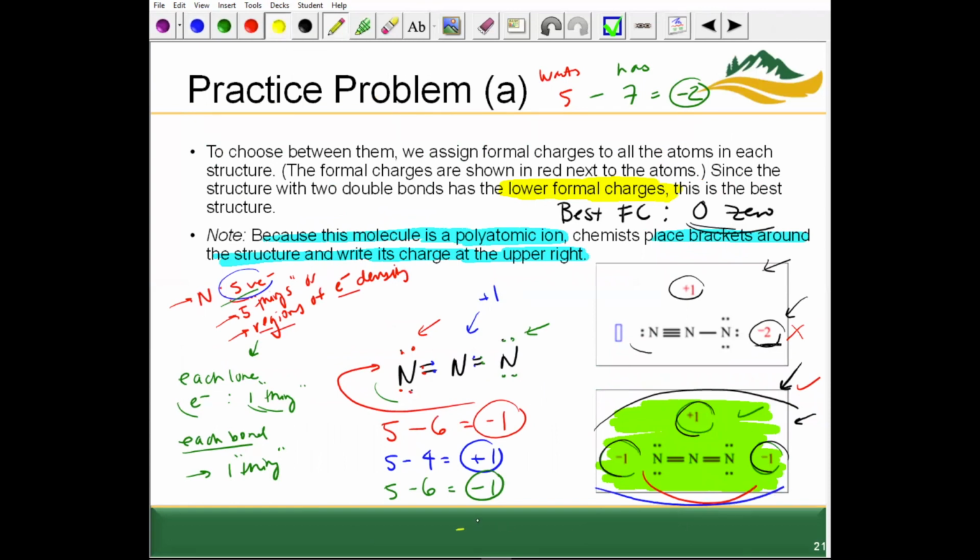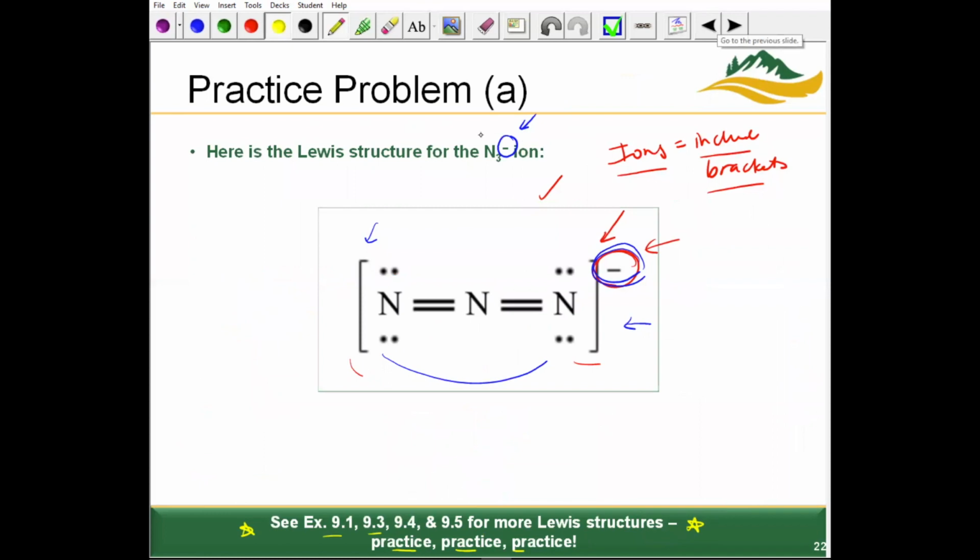That means -1 plus +1 plus -1. -1 plus 1 is 0, -1, that totals up to -1. So as expected, the formal charges on each of these atoms do total up to -1 overall.